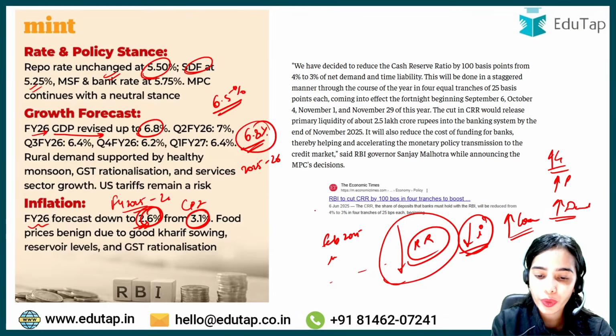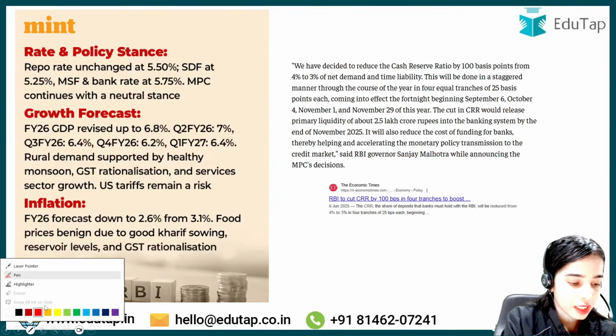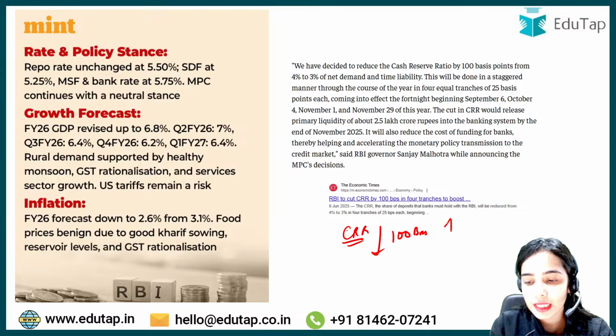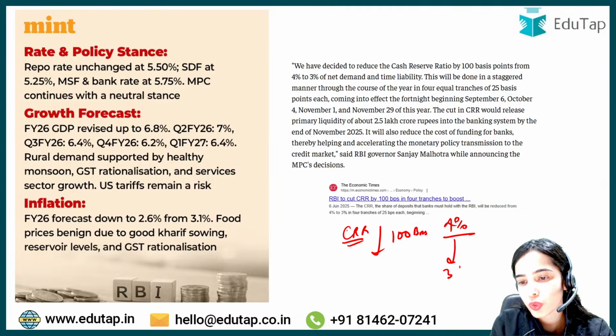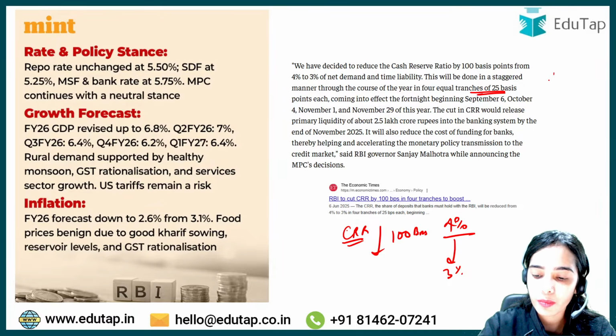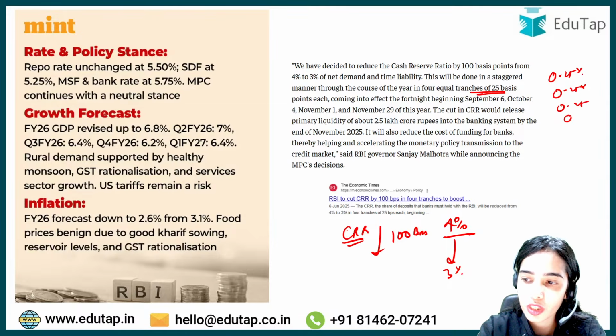Okay. After the June 2025 Monetary Policy Committee meeting, the governor said that the CRR will be decreased. CRR was to be decreased by 100 basis points, from 4% to 3%, in 4 equal tranches, that is by 0.25%, 0.25%, 0.25%, 0.25%.